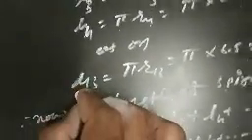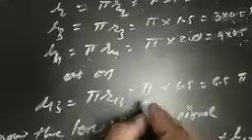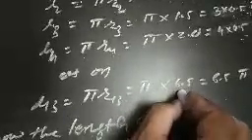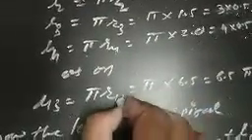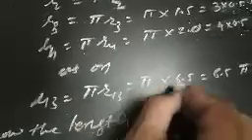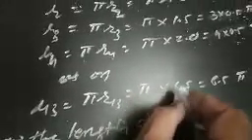Up to L13, it is pi r13, pi multiplied by 6.5. It means r13 is 6.5, which is 13 times 0.5 pi.